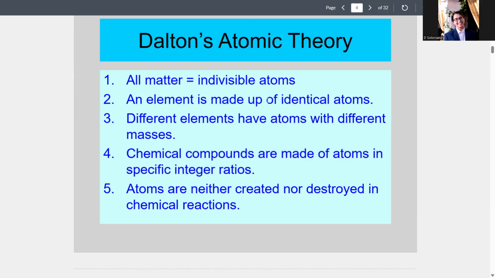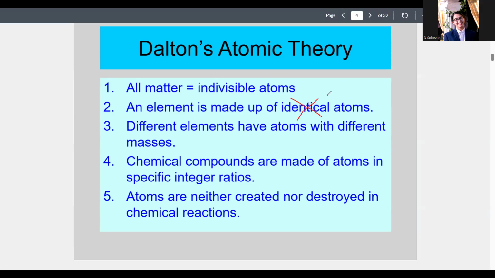He theorized a few different things that maybe were or were not correct. The ones that were not correct were an element made up of identical atoms. We know that is false now, because isotopes are true and exist. So isotopes kind of contradict this idea of an element being made of identical atoms. But atoms are neither created nor destroyed is true.